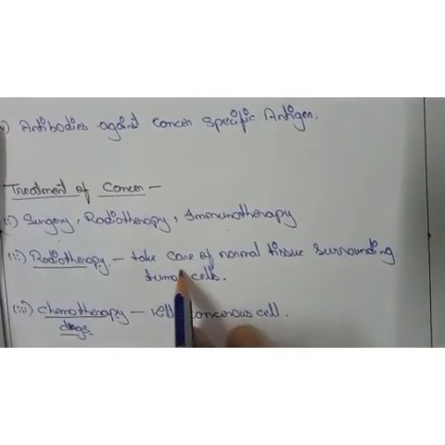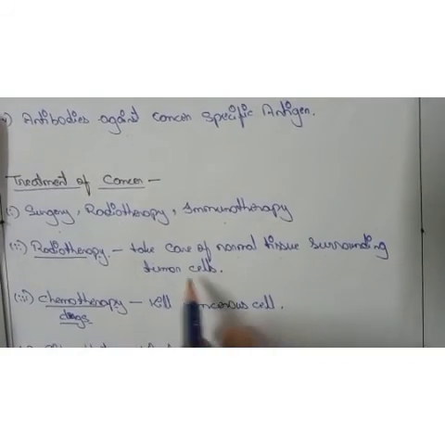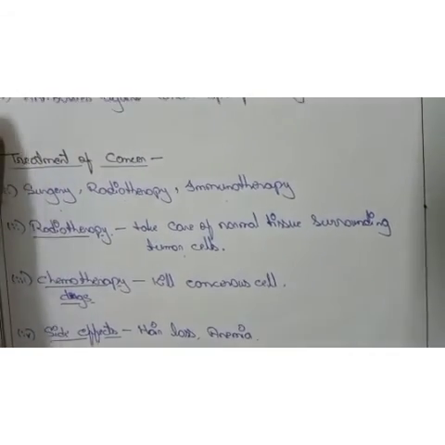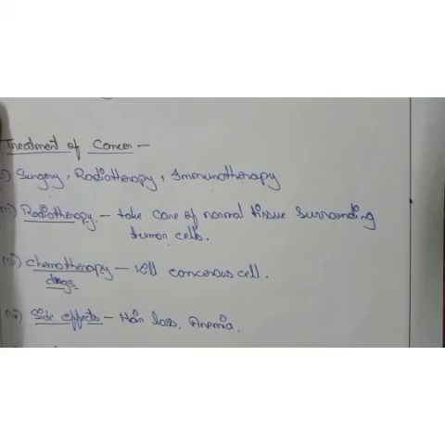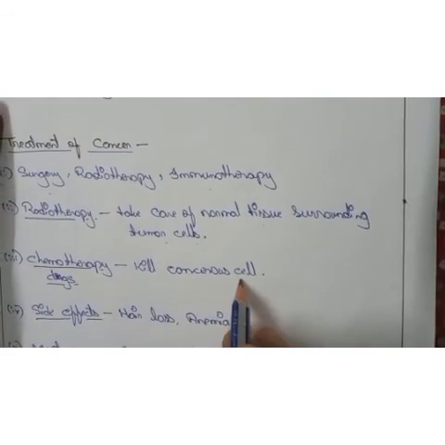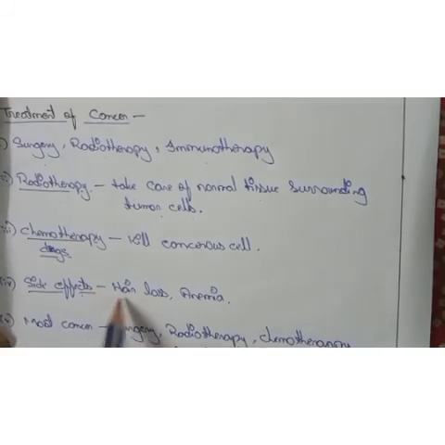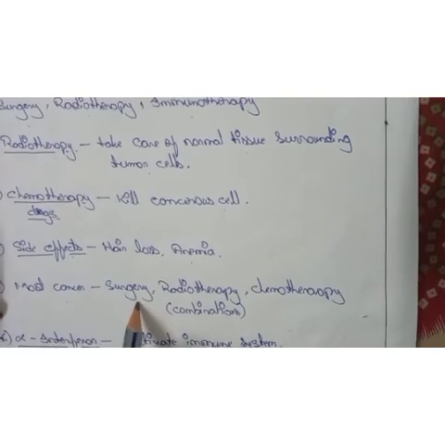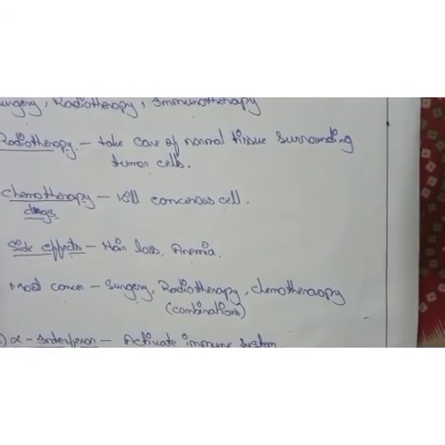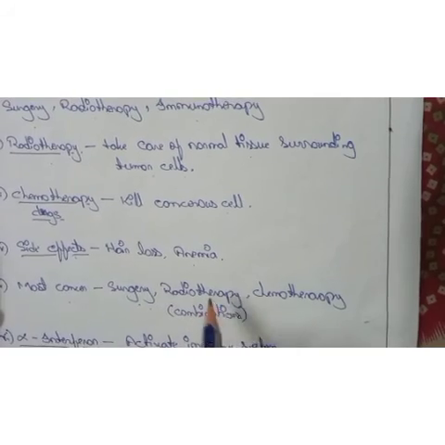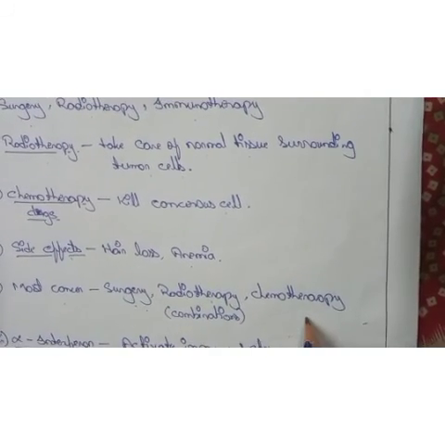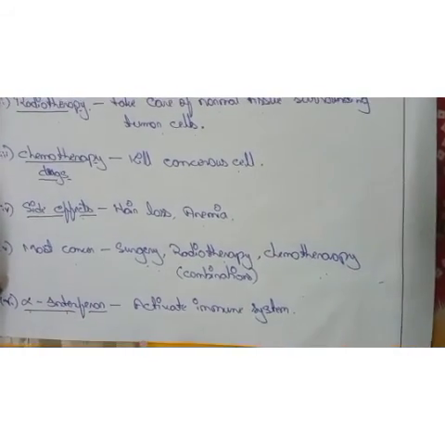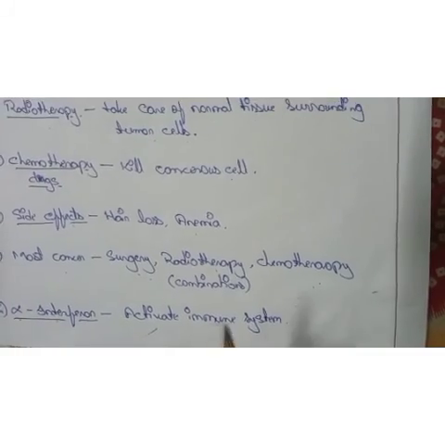Radiotherapy takes care of the normal tissue surrounding tumor cells. Chemotherapy uses drugs that kill cancerous cells. Its side effects are hair loss and anemia. Most cancers are cured by surgery, radiotherapy and chemotherapy. There is also alpha interferon, which activates the immune system.